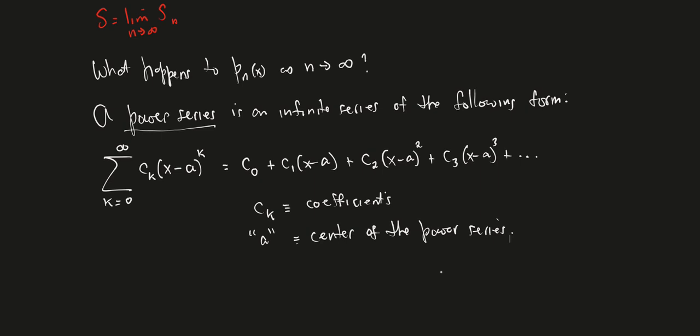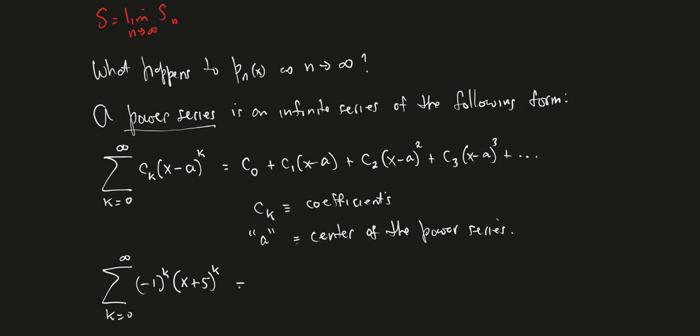So what might they look like? Here's an example of one. Again, I'll start this one at k equals 0, and then I'll do something like negative 1 to the k, and then x plus 5 to the kth power. So that would be a power series.